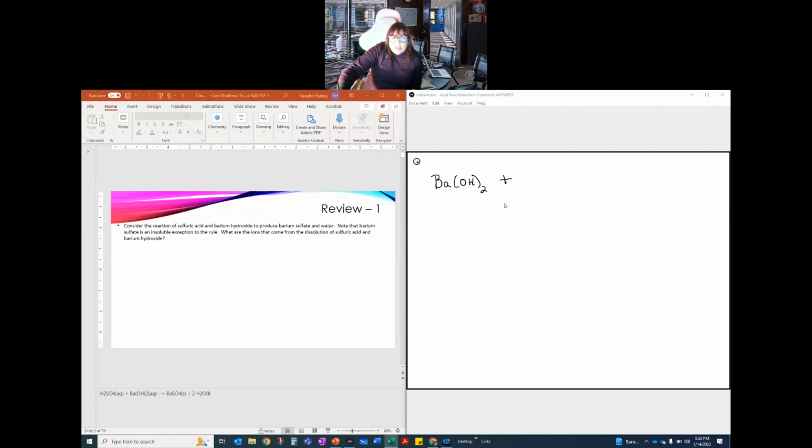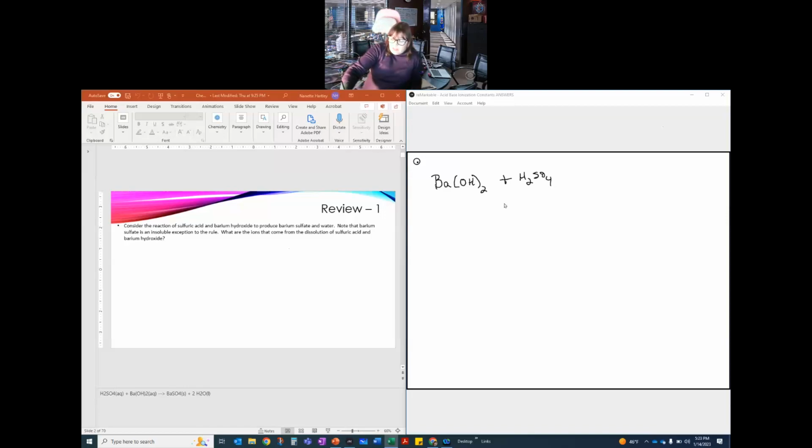I will be reacting that with sulfuric acid, which is H2SO4. I know that because SO4 is a 2- charge. It's a polyatomic ion that's in the list of polyatomic ions that you have. If it's a 2-, then I need to add 2 protons to make that work.